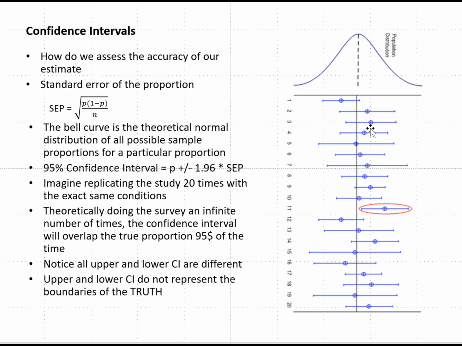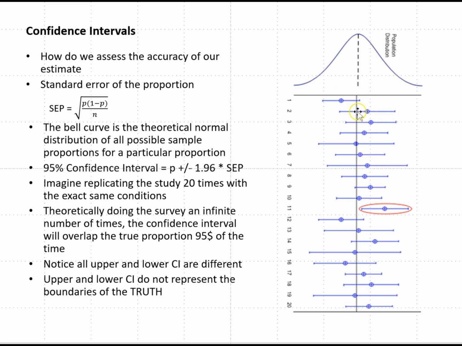What is important to notice here is that the upper and lower limits of the confidence interval are not the bounds of truth. That is not what the definition of a confidence interval means. It means that if you were to theoretically sample an infinite number of times, 95% of the time your confidence interval will overlap the truth.